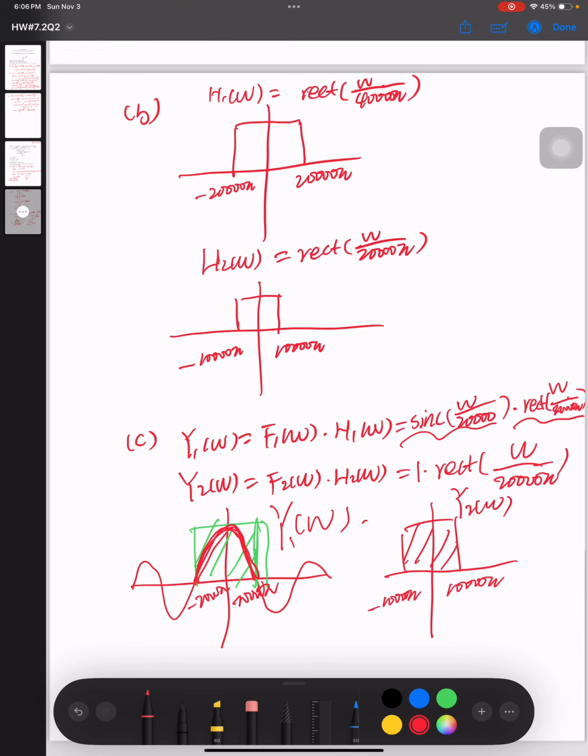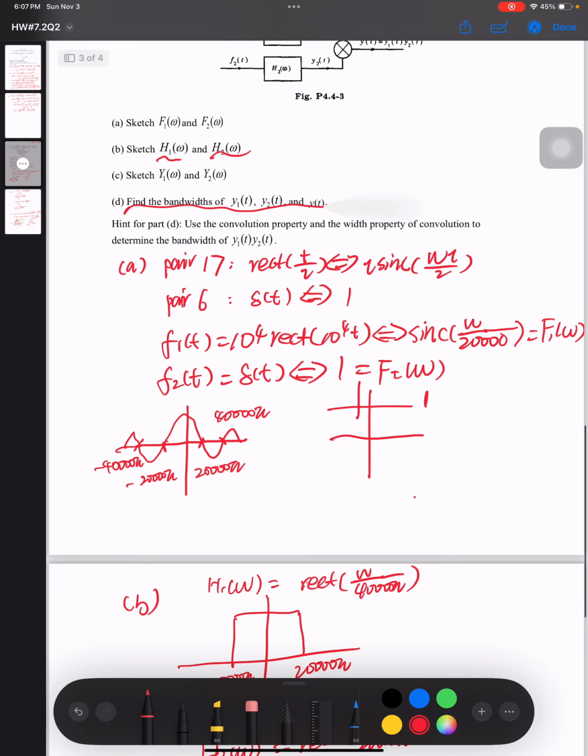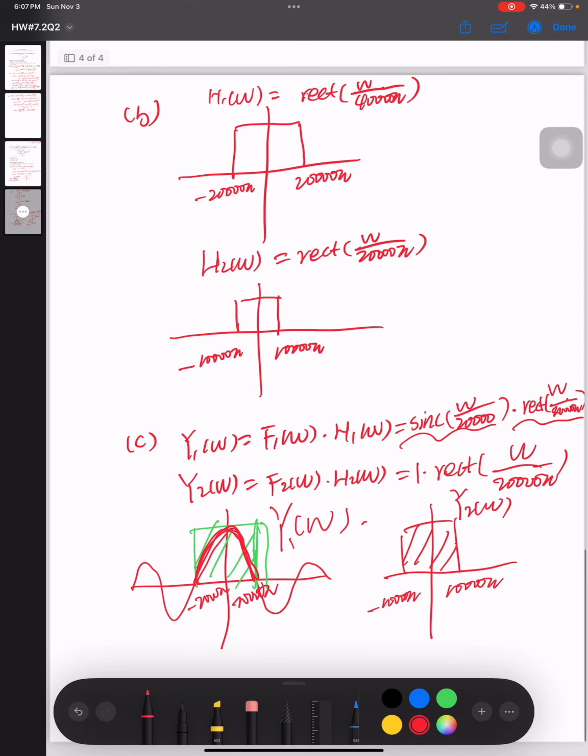And for the next question, question D, find the bandwidth of these three.